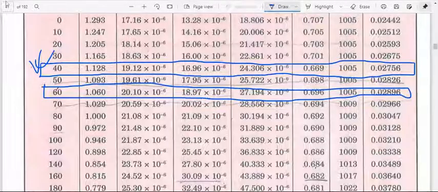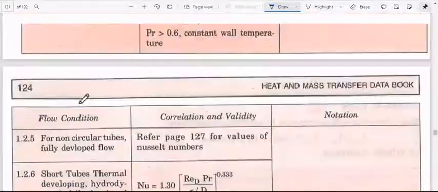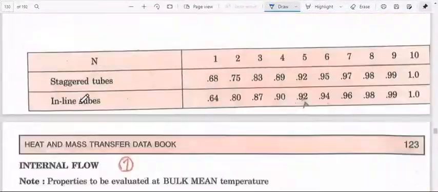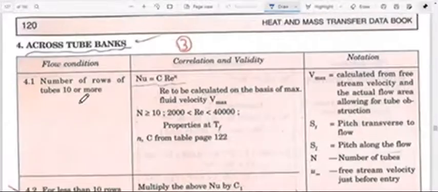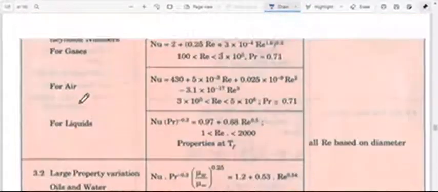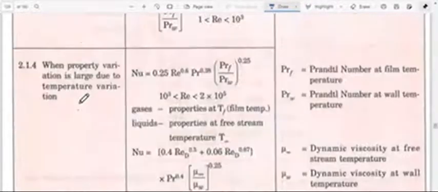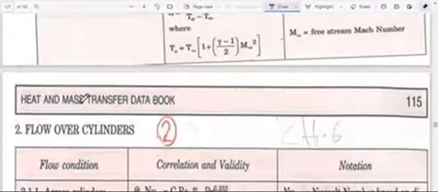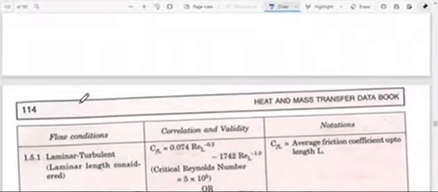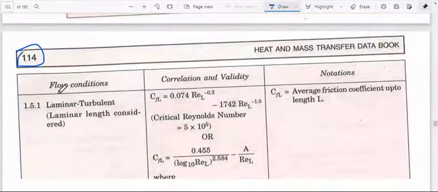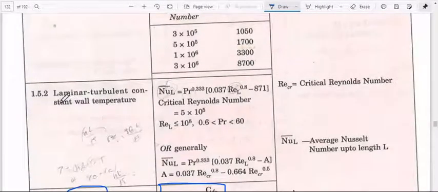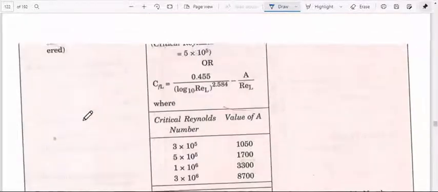So here from data book page number 114, this is the laminar and turbulent constant wall temperature.